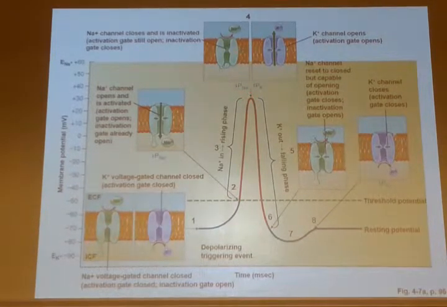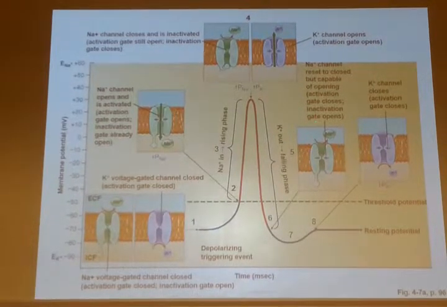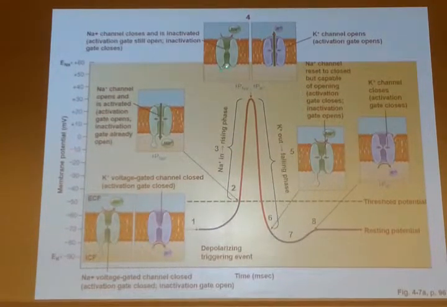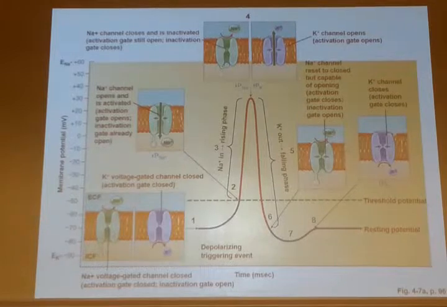At the peak of the action potential, that's where there's enough sodium inside the cell to push the inactivation gate into the channel. So positive charge repels it up, and negative charge outside attracts it up into the channel.